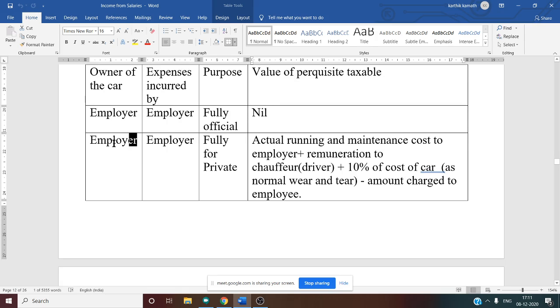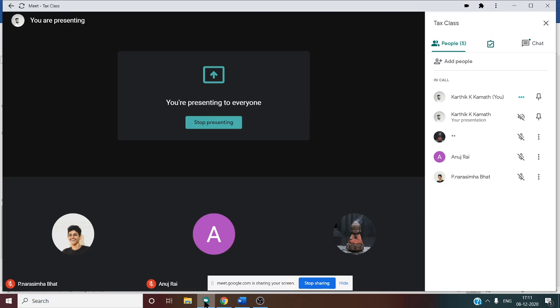Now, if you see the second case, the owner of the car is employer, expenses are incurred, again, by employer, but it is used only for private purpose. Private purpose means only for personal use.